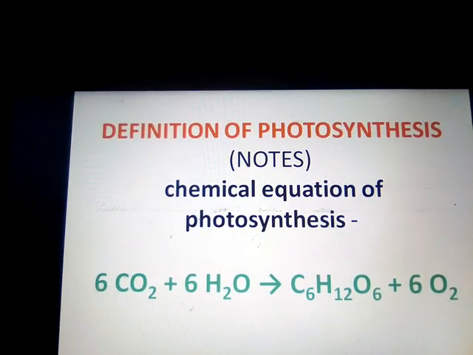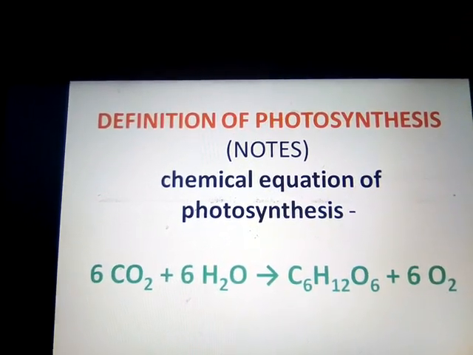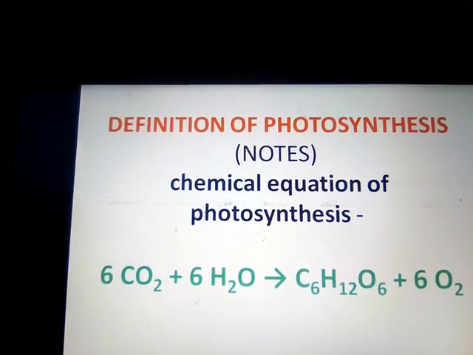The carbon dioxide comes from the atmosphere, while water is absorbed from the soil.